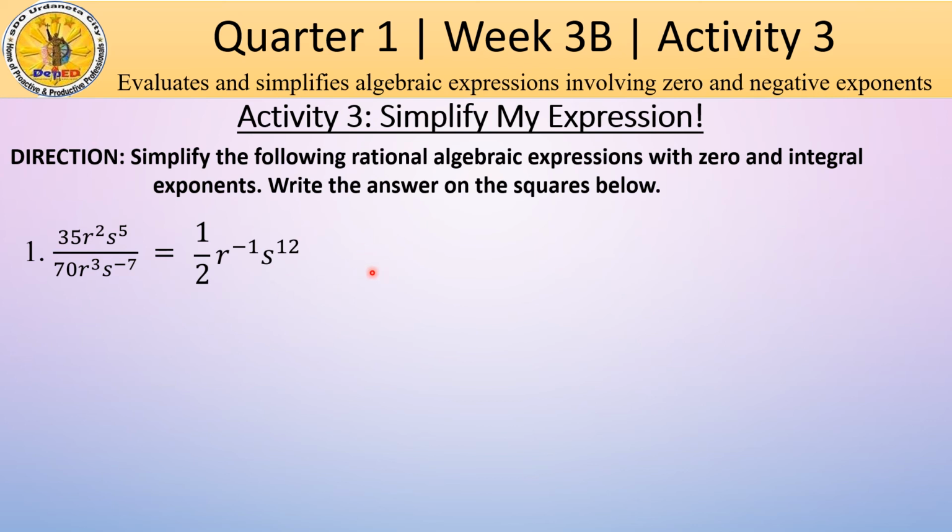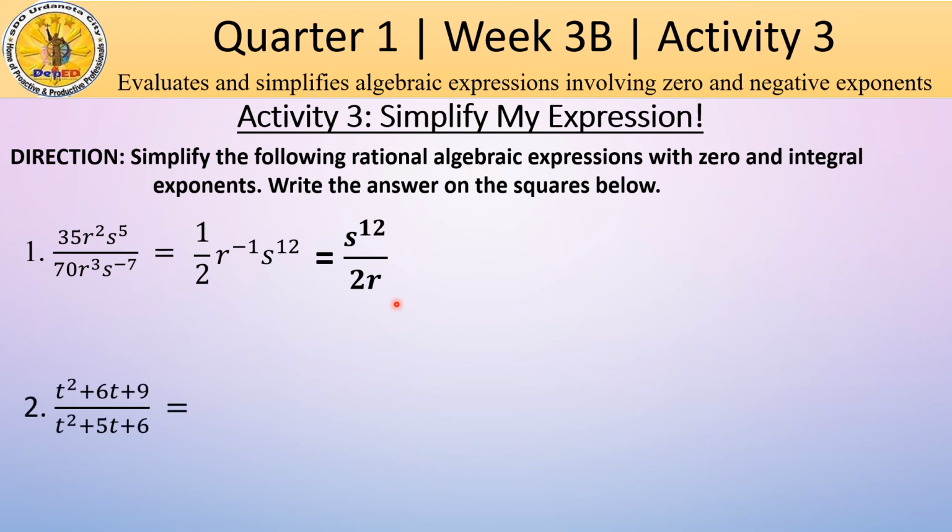So 5 minus negative 7, you're going to change the sign of the subtrahend, magiging positive na si 7. So, yung final answer natin dito ay s raised to the 12th power. So, final answer, s to the 12th power over 2r.